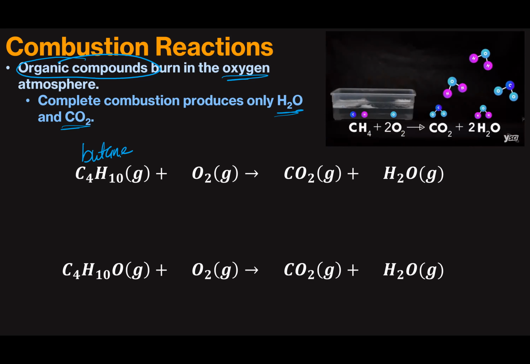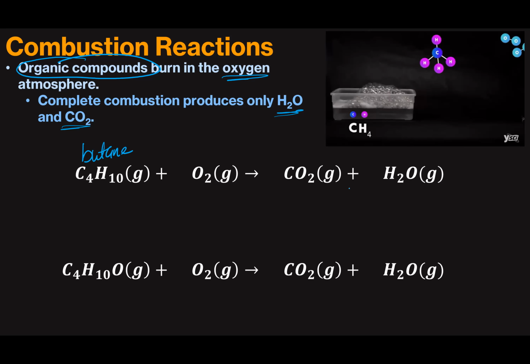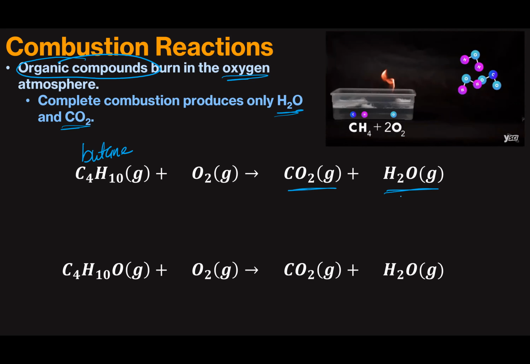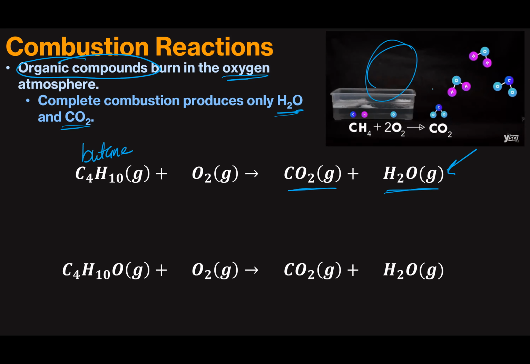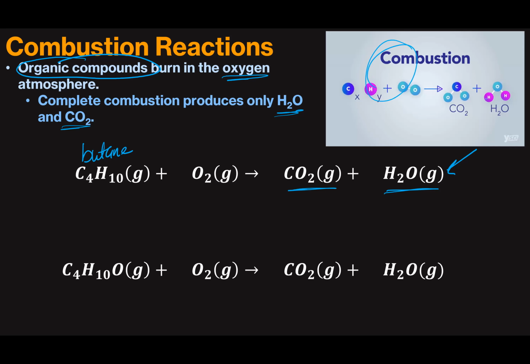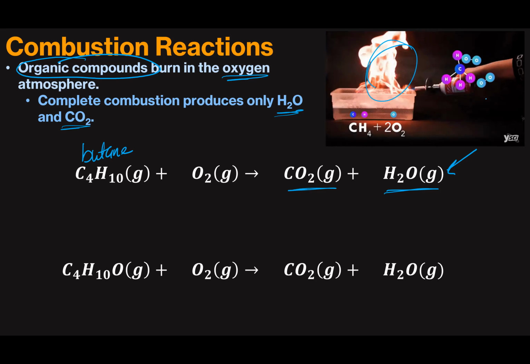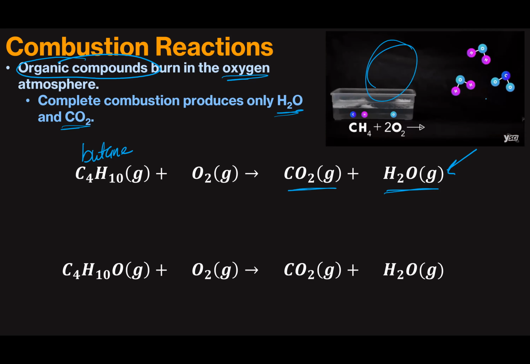We're combusting butane completely, so we get carbon dioxide and water gas out. Notice the water is coming off as a gas because this gives off a lot of heat. You can see it here when the person lights this on fire, the fire is releasing the heat from the reaction.